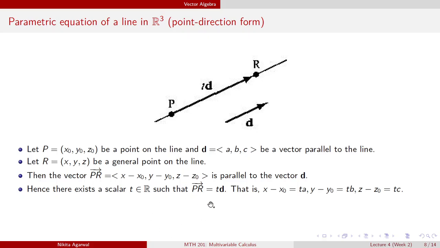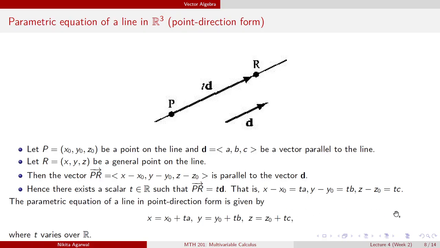Therefore, if you equate the components, x minus x naught is equal to t times a, y minus y naught is equal to t times b, and z minus z naught is equal to t times c, which is what I have written here. So what is the point direction form of the line?